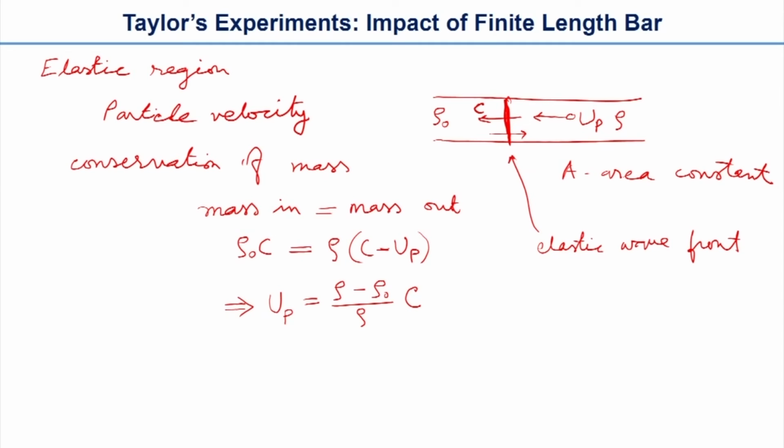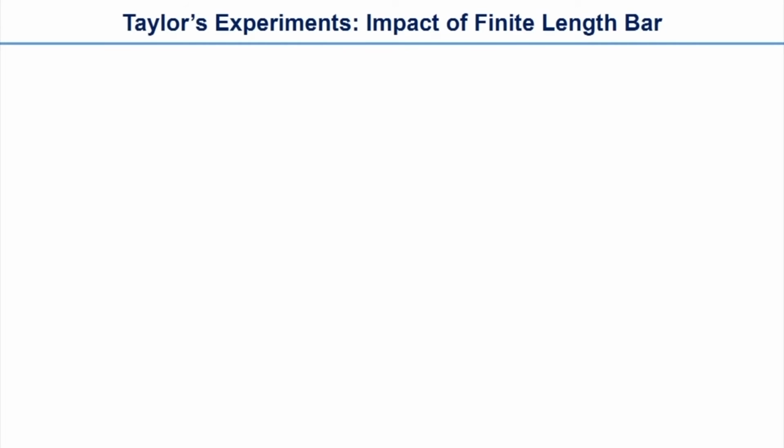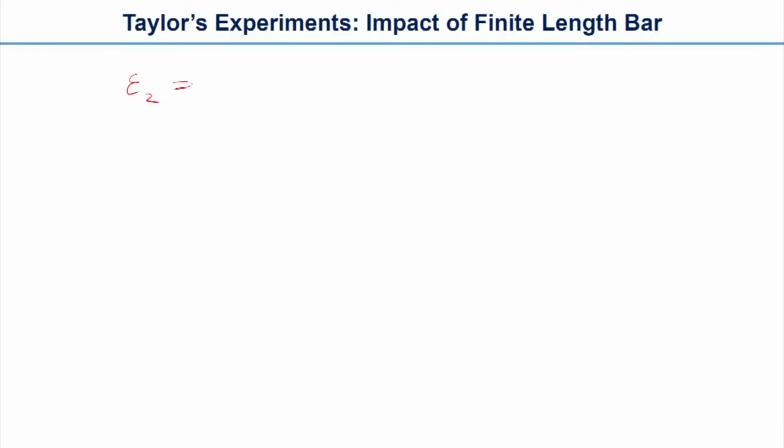We will see what the relation of this is with the strain. So we will try to have the strain expression and relate it with this particle velocity. We write the strain as epsilon 2, because earlier we wrote epsilon 1 for the plastic wave front. That will be equal to L naught minus L divided by L naught, the length of the bar.